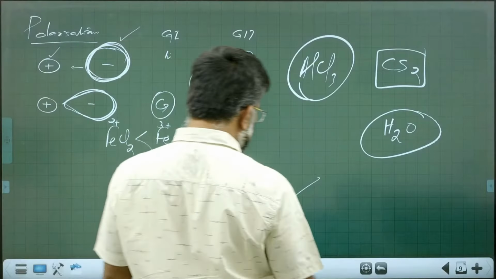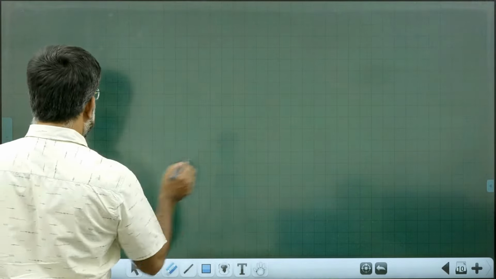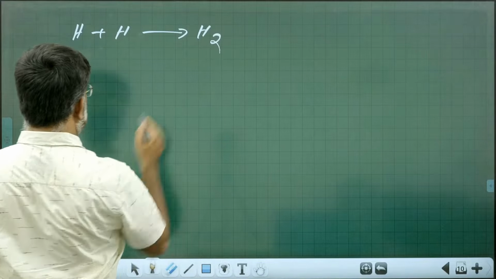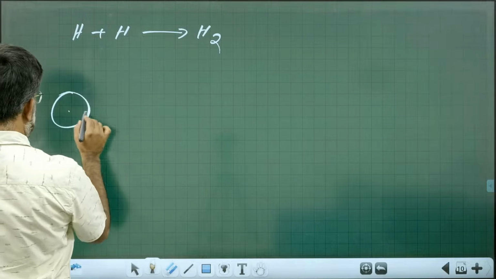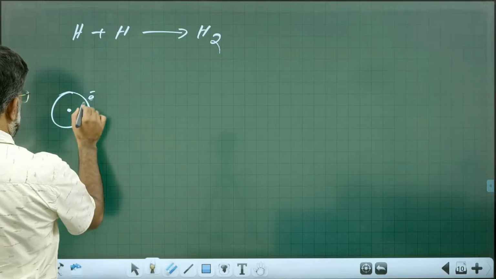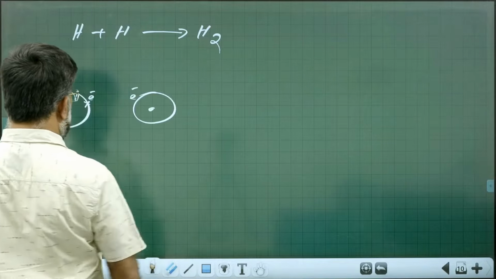For example, if you take H plus H giving H2, this is one hydrogen atom with one electron present, and this is another hydrogen atom with another electron present.